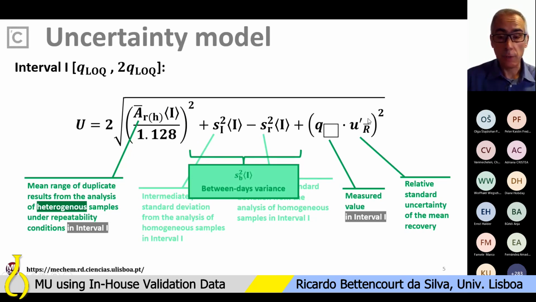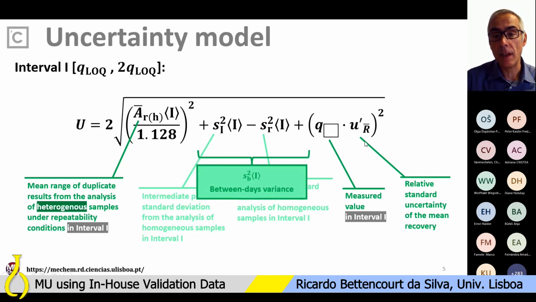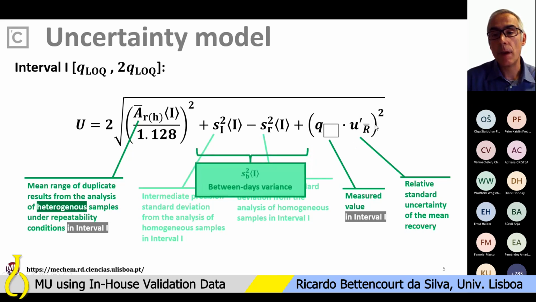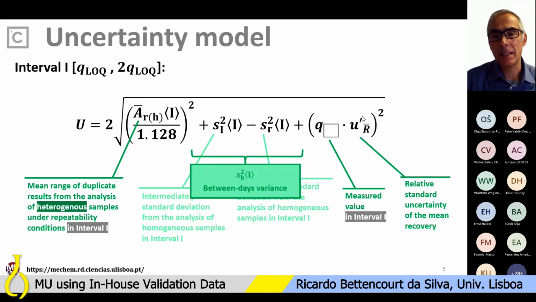The component for the management of systematic effects is this last term, where we have the relative standard uncertainty of the mean recovery. I already presented the equation that can be used here. And then we have the measured value, which can be the original or the corrected value for recovery.